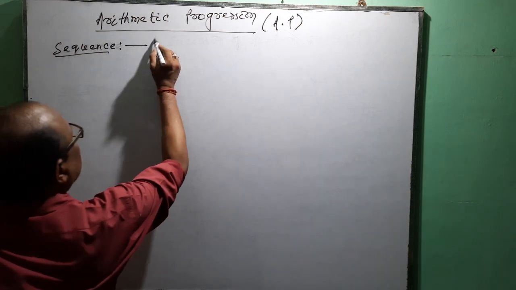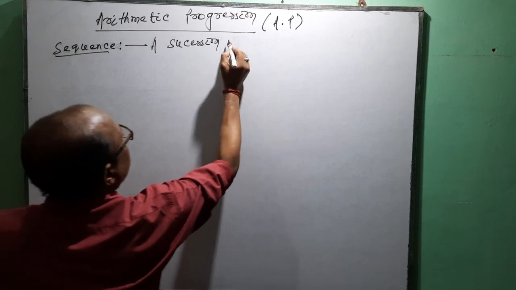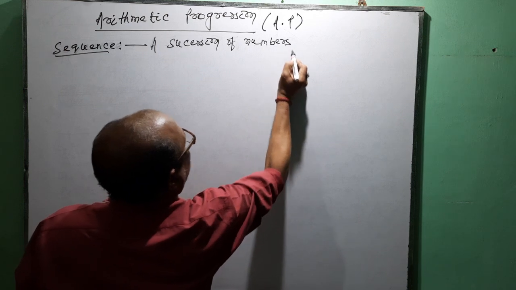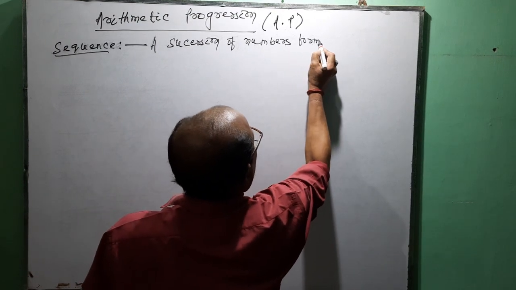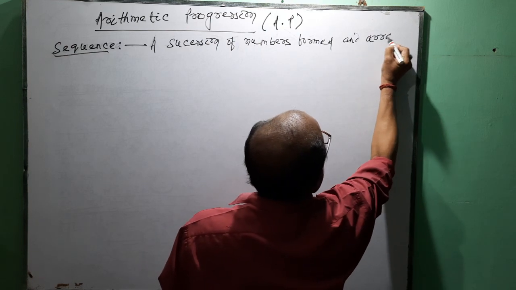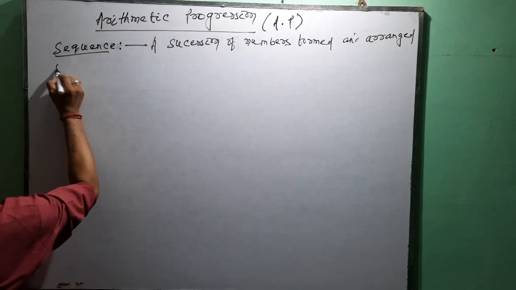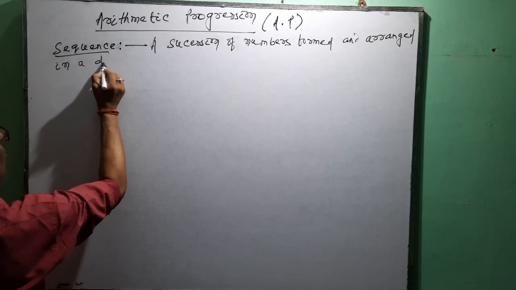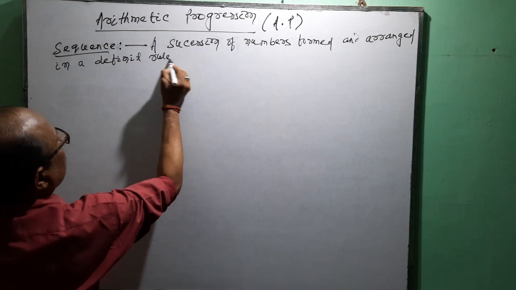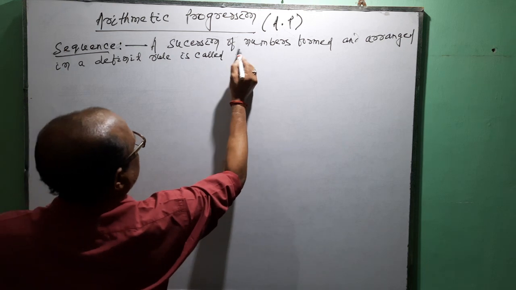So, a succession of numbers formed and arranged in a definite rule is called a sequence.